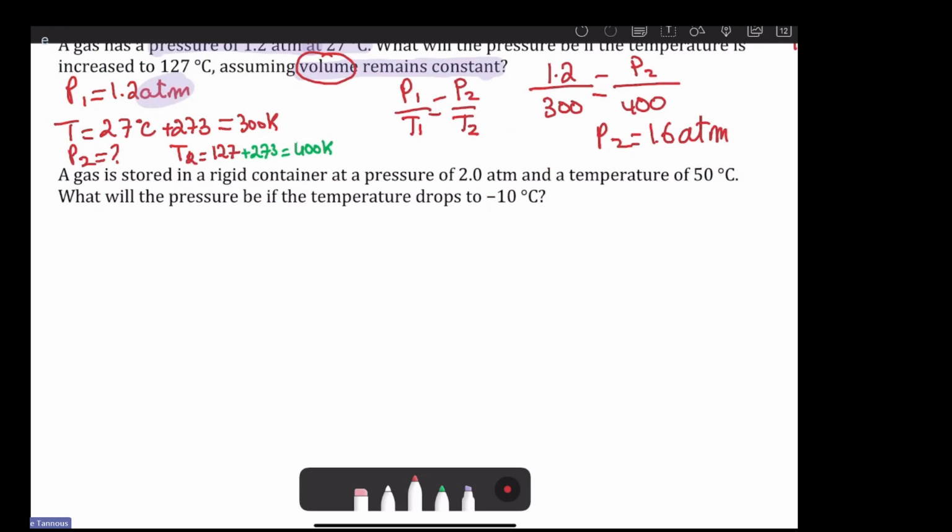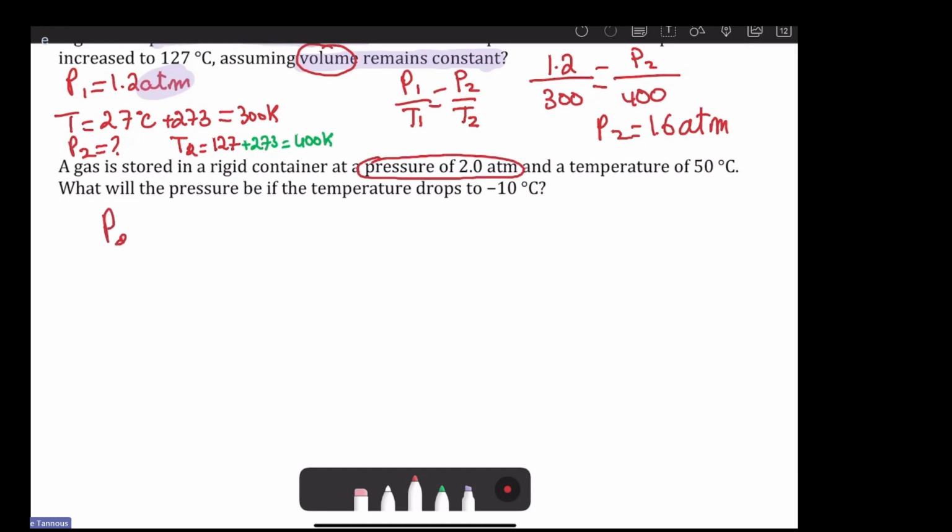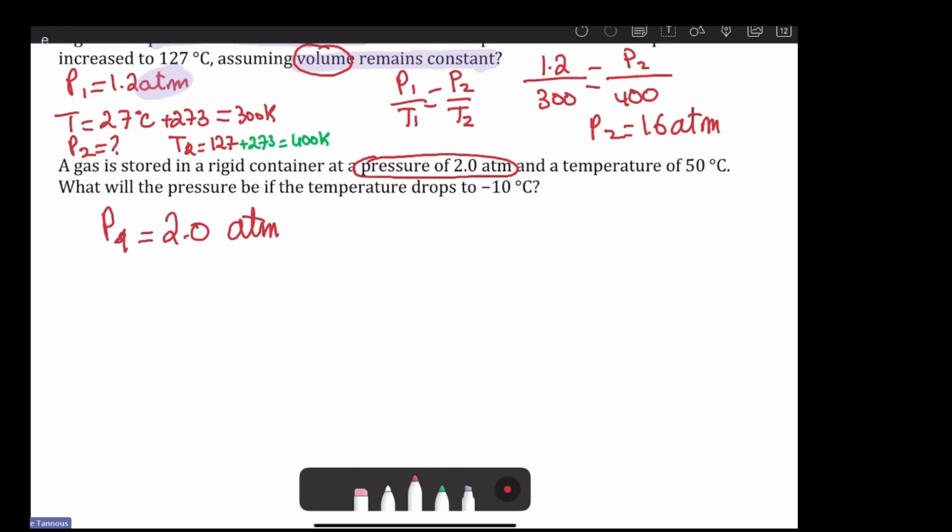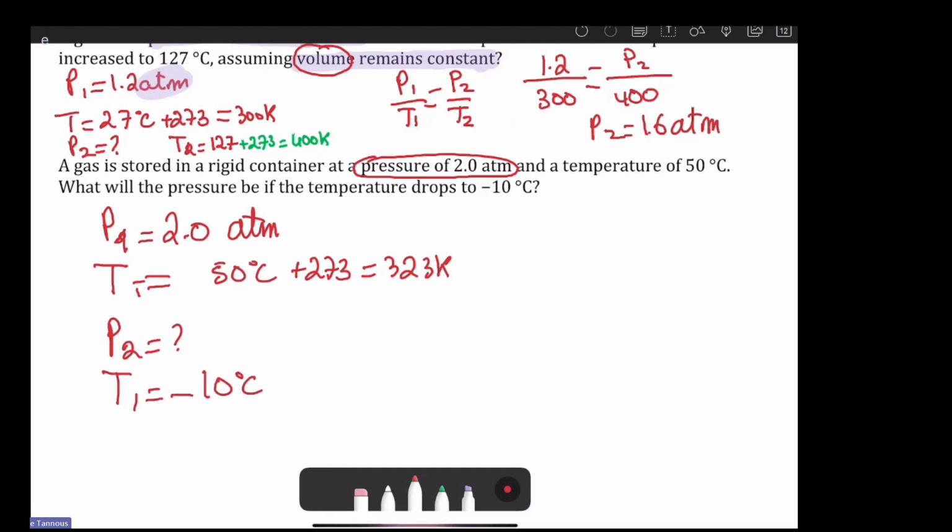Last question. A gas is stored in a rigid container at a pressure of 2 atmosphere and the temperature is 50 Celsius. Immediately I'll change it to Kelvin. So it is 323 Kelvin. What will be the new pressure if the temperature drops to negative 10 Celsius?